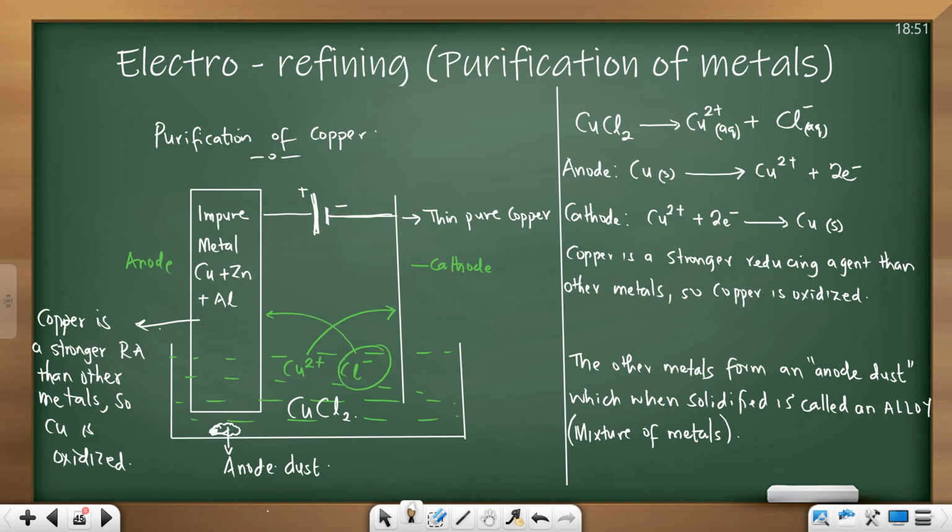But if you check, everything is in place. That's my anode dust, which we know as what? Alloy. Oh, that's why actually it was AU. AU is gold. Okay, and AU is not on our table.